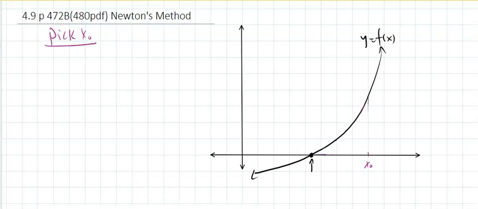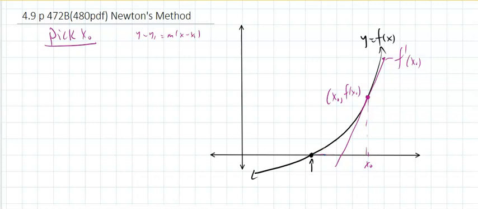If I go up to the curve, that point on the curve is x sub 0, f of x sub 0. If I draw a tangent line there, the slope of this tangent line would be f prime of x sub 0. If I find an equation for that line, wouldn't that be y minus y1 equals m times x minus x1?